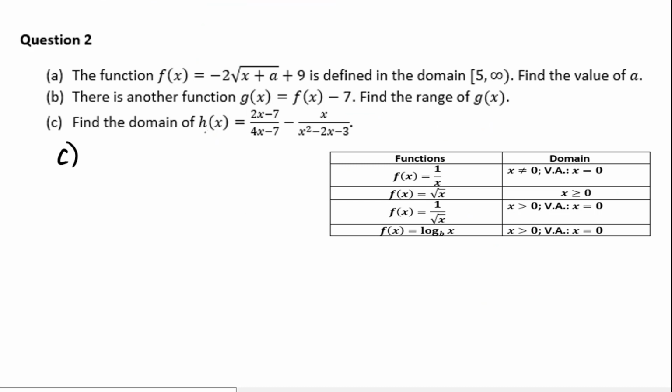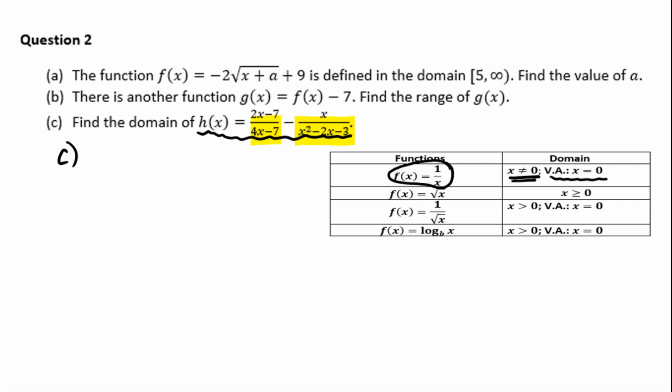Find the domain of h of x equals this. For a rational function, we have to make sure the denominator is not equal to 0. For the vertical asymptote line, we will make the denominator equal to 0 to figure it out. The denominator is this.